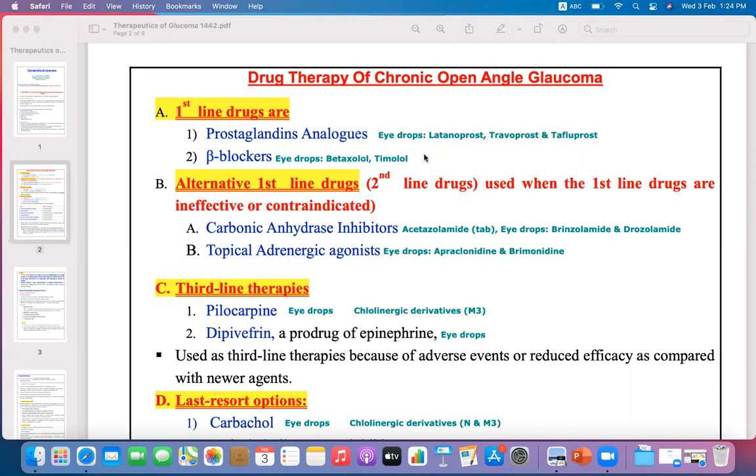Beta 1 adrenergic receptors are available in the heart muscle, and beta 2 adrenergic receptors are available in the bronchial smooth muscle. So patients with cardiovascular disease and COPD should avoid the use of timolol.